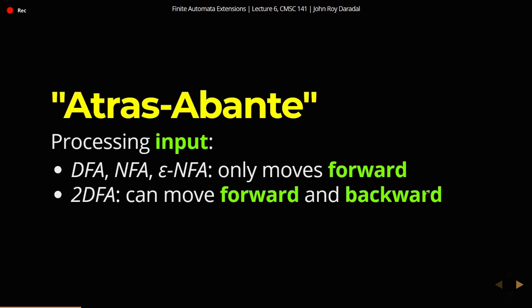So if you're processing A, B, C, you could be at A right now and then go forward to B, but then you could go back to A and then go forward again to B, go to C, and then go back to B. So you have the ability to move forward and backward on the input. That is the main idea for 2DFA.